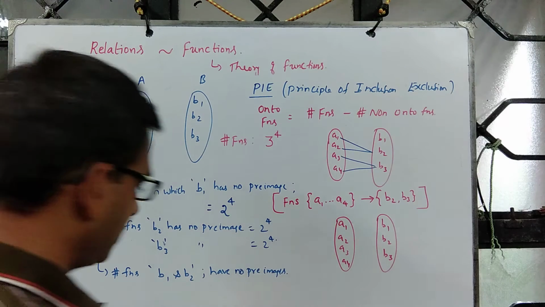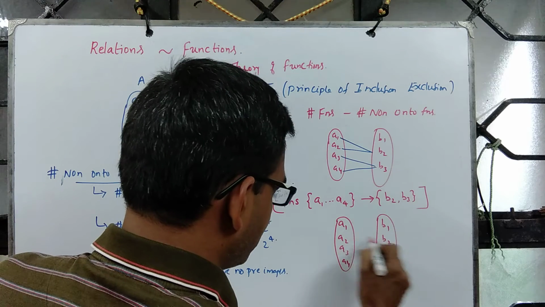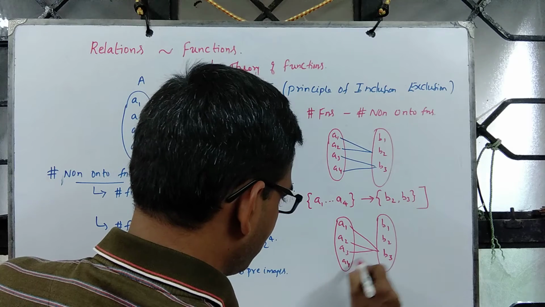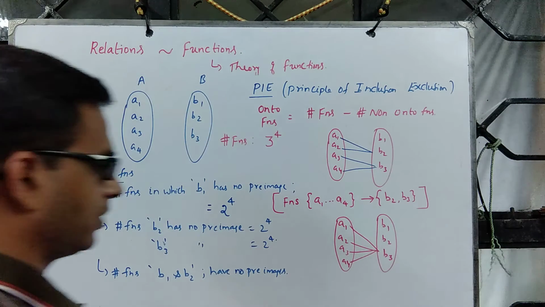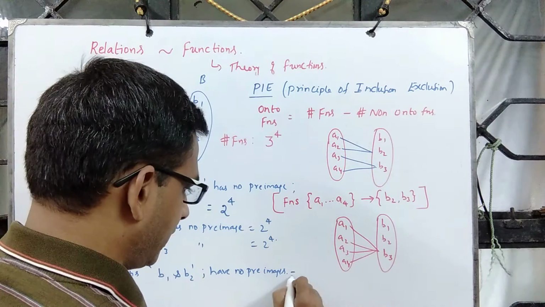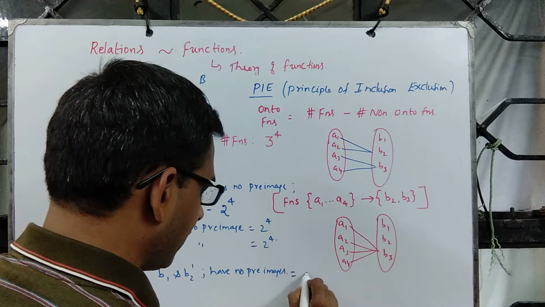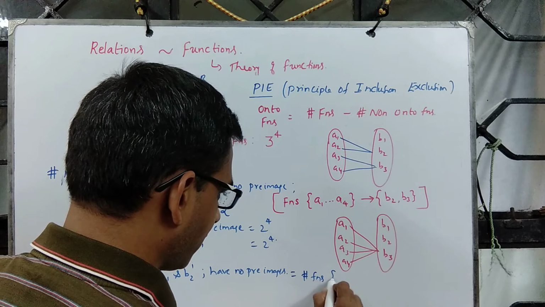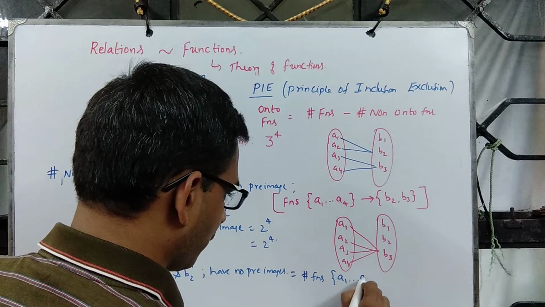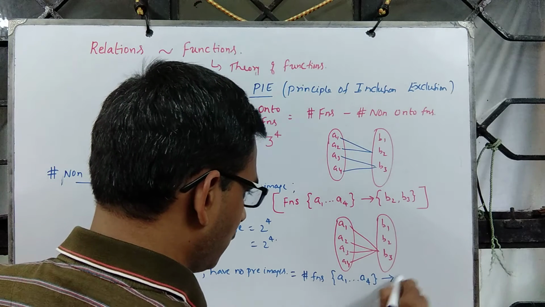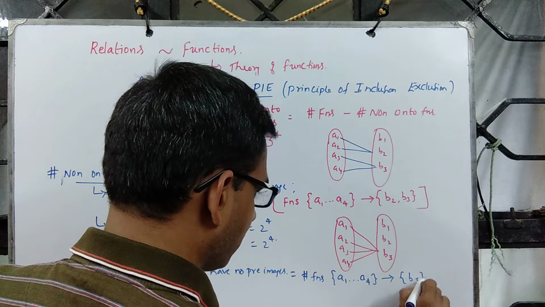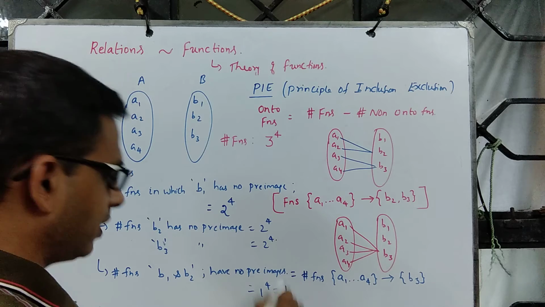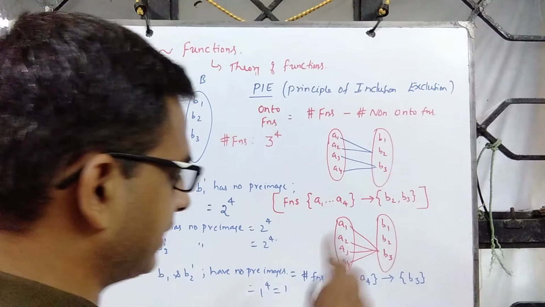So all of these are mapped to B3. How many such functions are possible? That is equivalent to saying the number of functions from A1 to A4 to just B3, which means it is just one function. So 1 power 4, or it is just one function, which is precisely this.